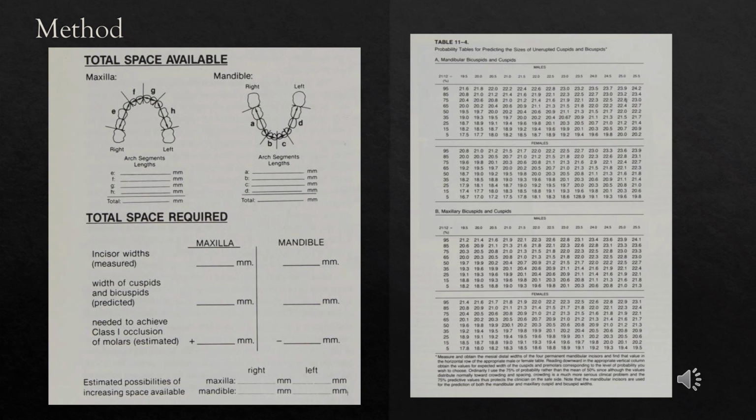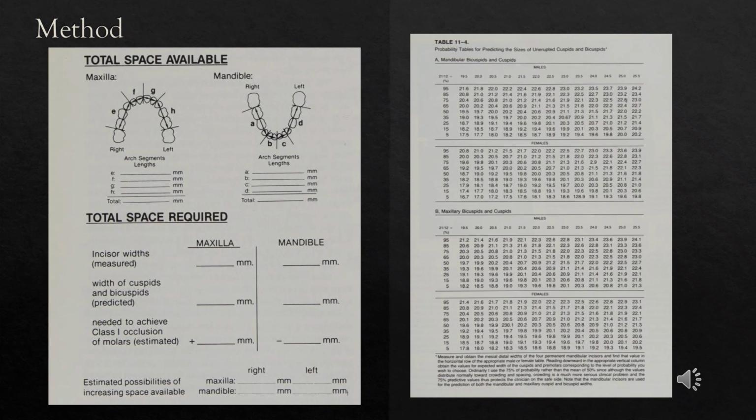Second, consult Moyers prediction tables. Locate the sum of the four mandibular incisors in the prediction table and then read across to the chosen percentile for both the maxilla and the mandible. The values obtained will be the predicted sum of the permanent canine and two premolars for one quadrant of that arch.